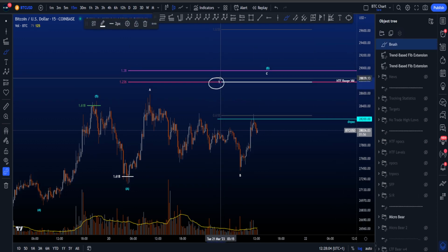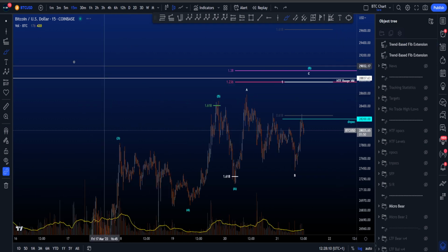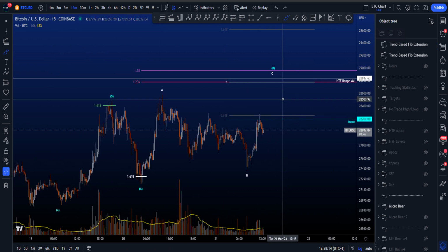Like the 1-to-1 target for this wave C in confluence with the target of a wave B, in confluence with the high time frame range, with the support resistance area. Yeah, very, very nice, I think.